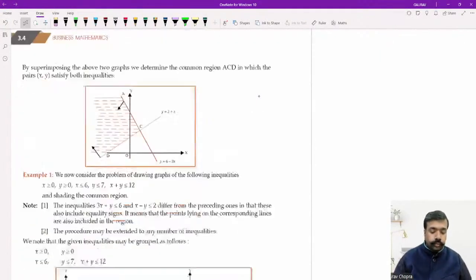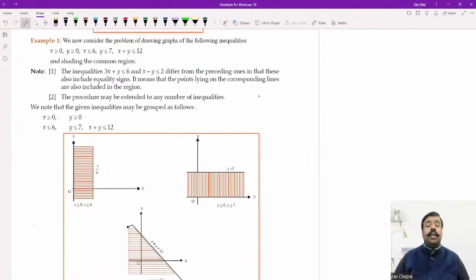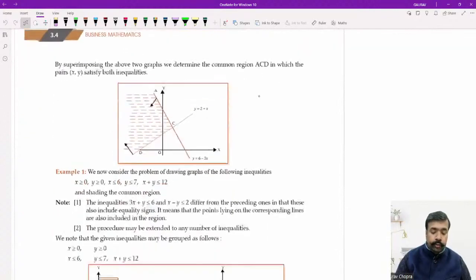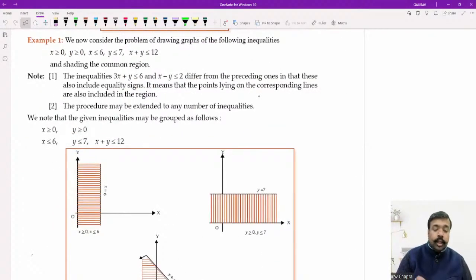Okay, so let us try this example first. We now consider this problem of drawing the graph of the following inequalities. What kind of equations are given? Let's see. x is greater than or equal to 0.